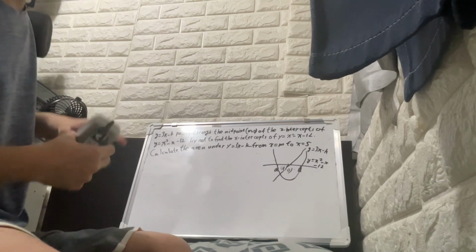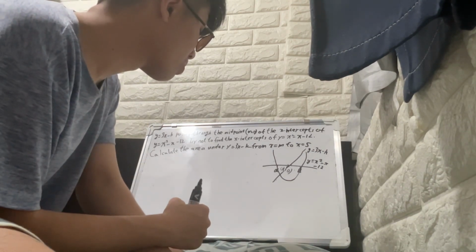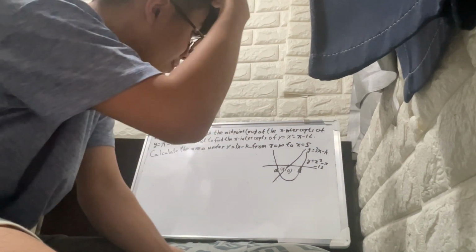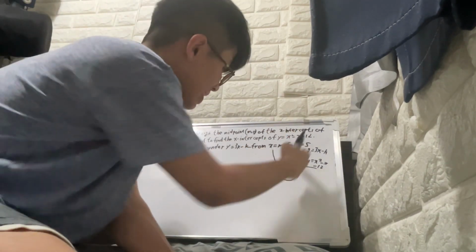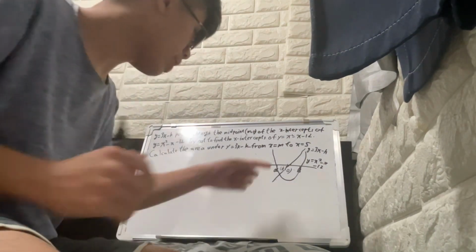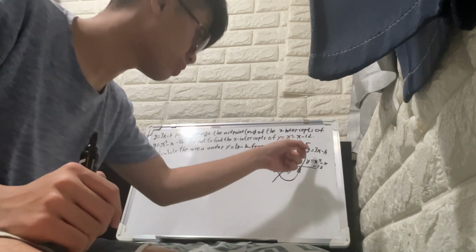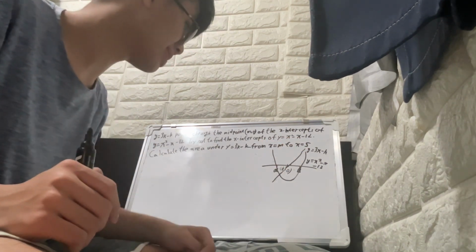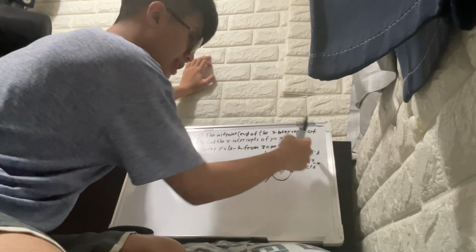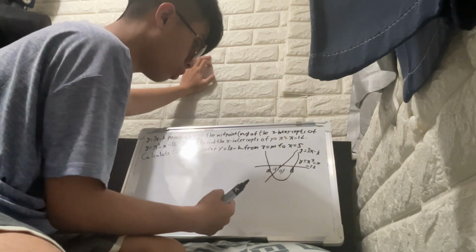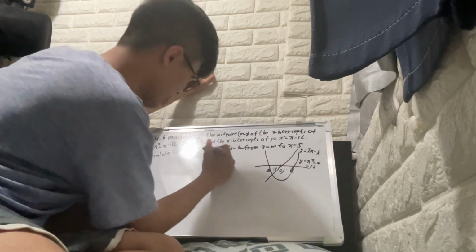To find the value of k, what can we do? Look at this line, when x = 1/2 and y = 0, because it's the x-intercept. So the x-intercept of y = 3x - k is 1/2, and y needs to be 0.